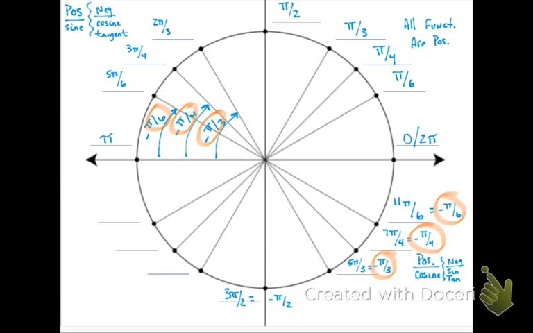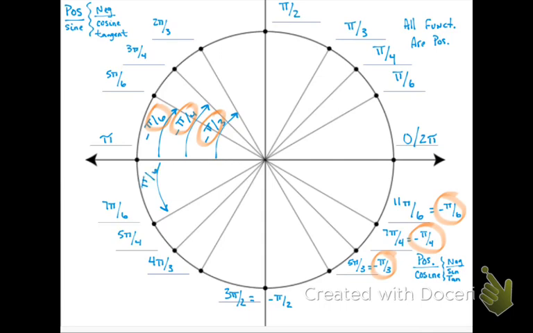Same way, if we would continue to wrap it all the way around, to where I would normally be at 7 pi over 6, 5 pi over 4, and 4 pi over 3. What did we do to get to here?